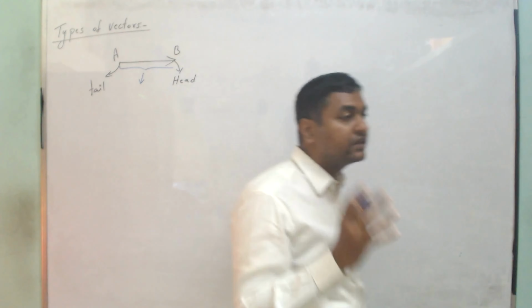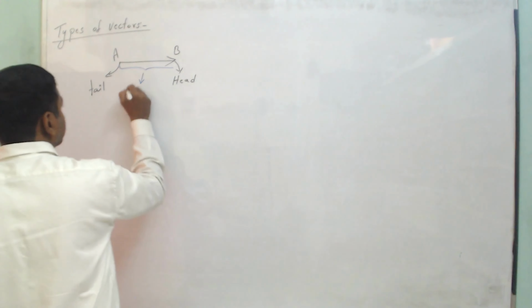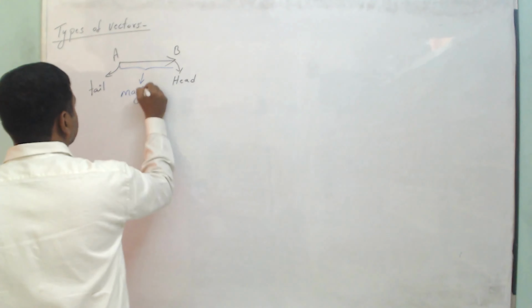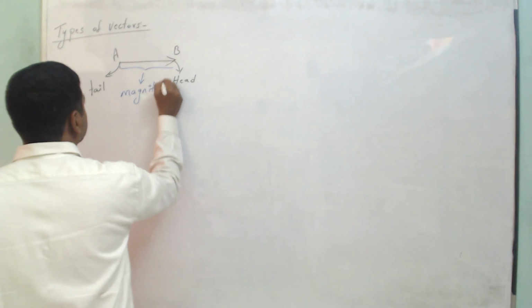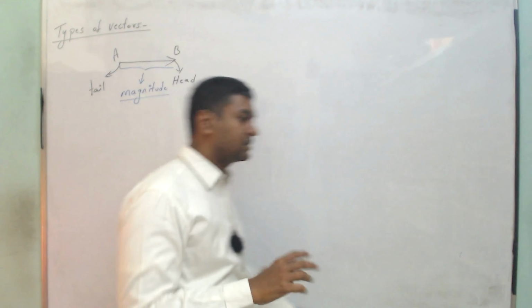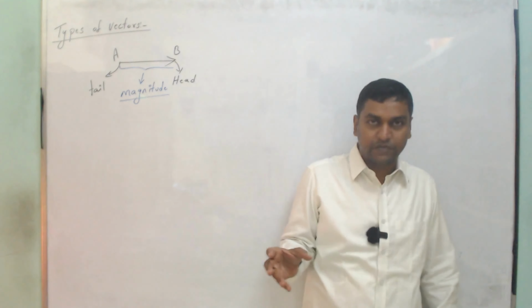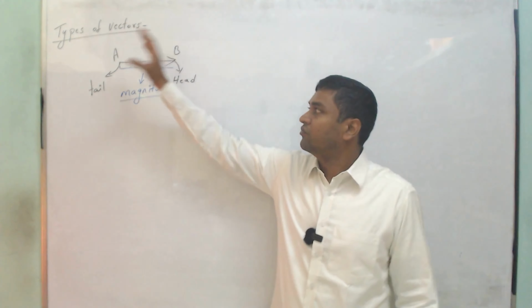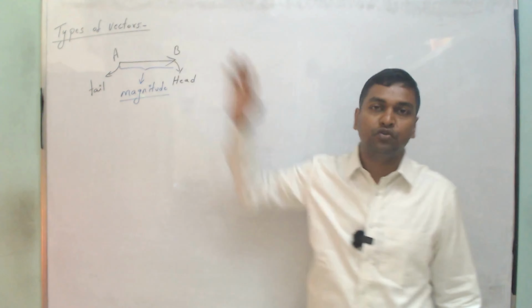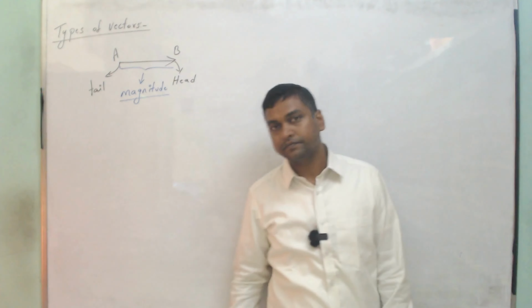The length of the line that we are showing represents the magnitude of the vector. समझ रहे हो क्या? Is this clear? So the easiest thing to figure out is, let's say, displacement. One person is moving from A to B and he moves for 10 kilometers.